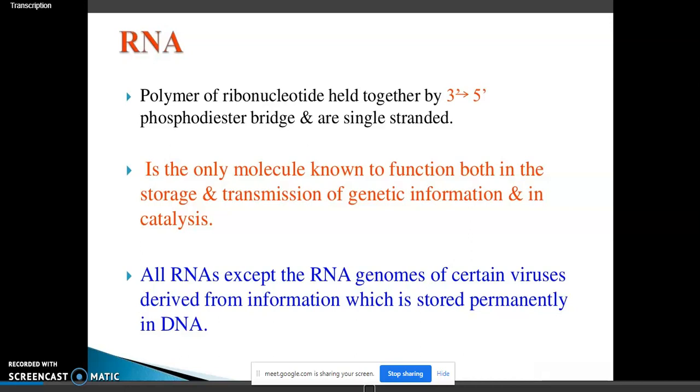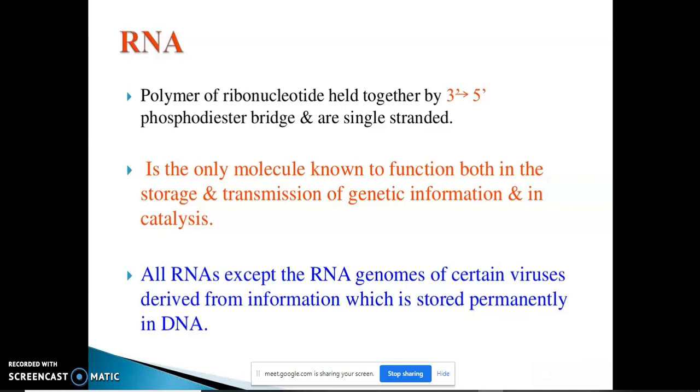DNA is a double-stranded, RNA is a single-stranded molecule. And it is the only molecule known to function both in the storage and transmission of genetic information and in catalysis.